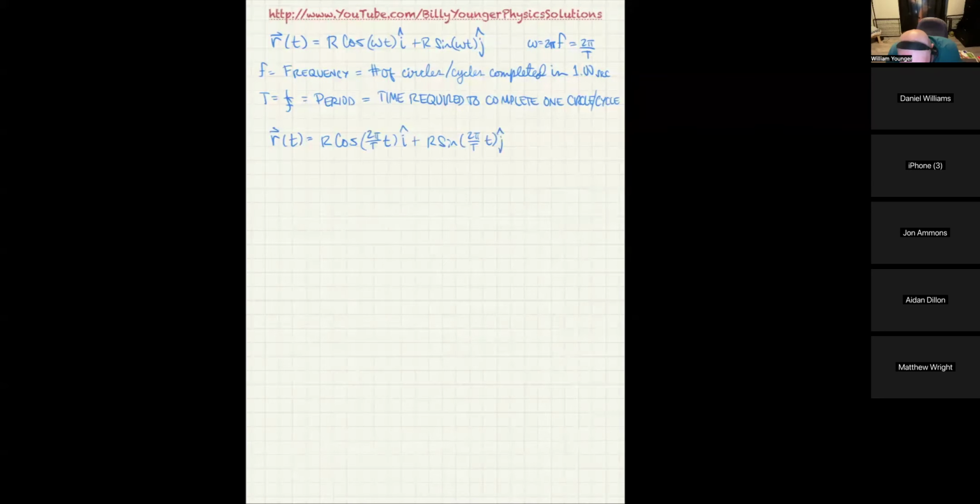Interestingly enough, if you actually tried to calculate the magnitude of this, and this is something you should give a try, you're just going to use the Pythagorean theorem, and what you'll get is the magnitude is just r. So try that yourself.